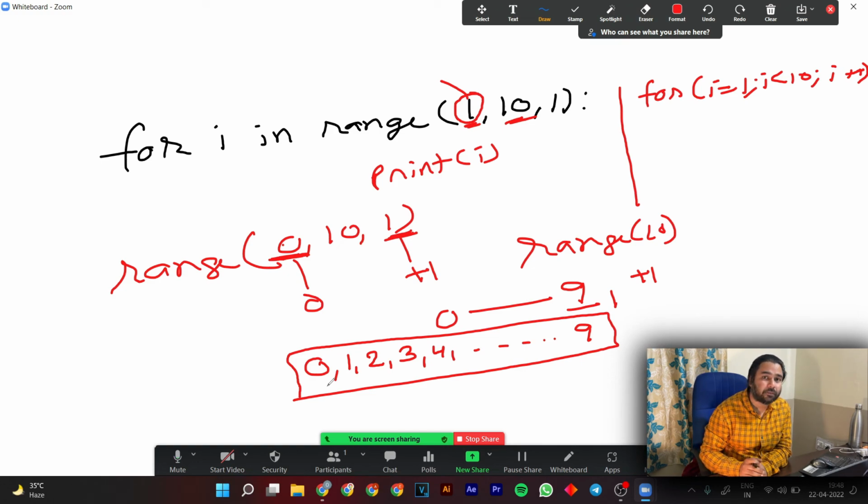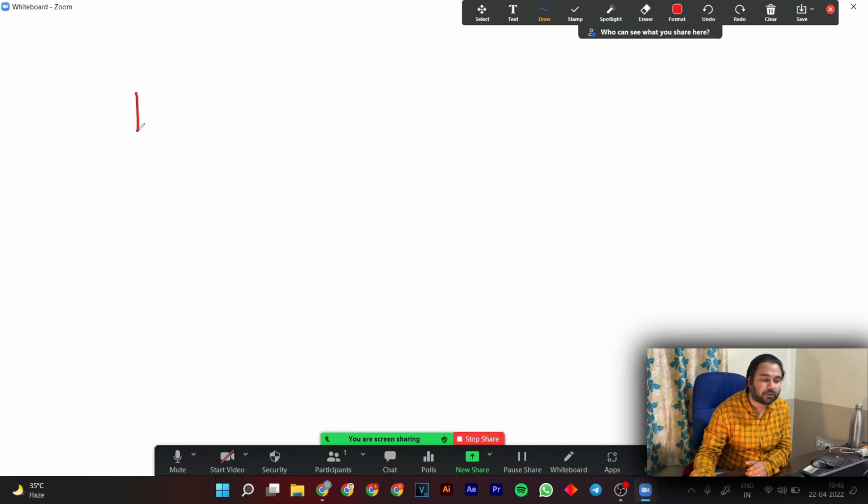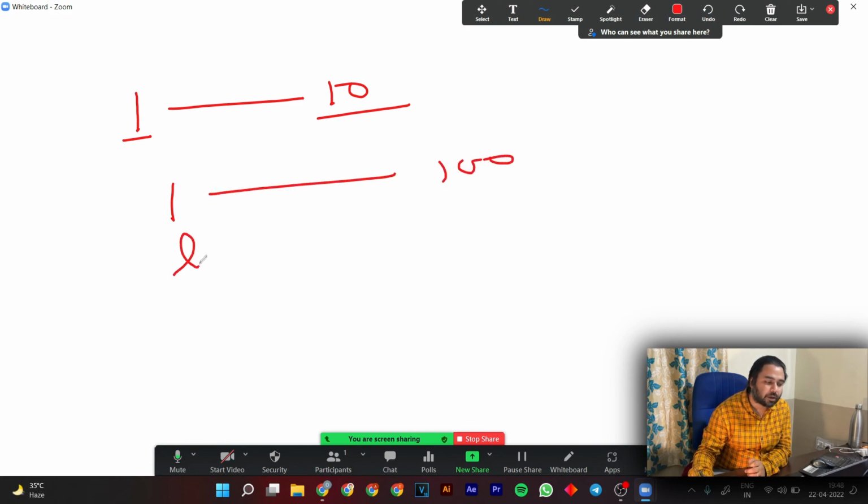But if I know the initial value and the final value, for example I have to start with 1 and go till 100, if I know the lower limit and the upper limit, then we use the for loop. It's not that we can't do it with a while loop, we can, but the for loop is a better choice when the starting and ending points are fixed, and the while loop is a better choice when they are not fixed.